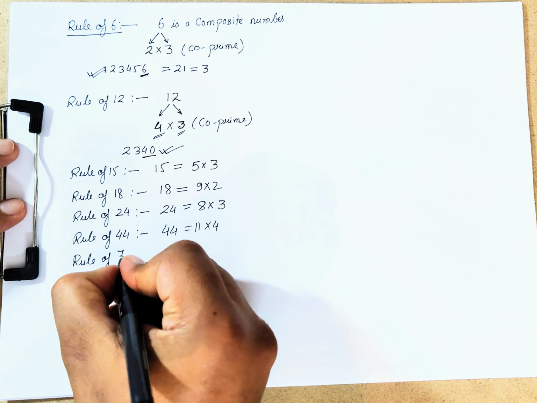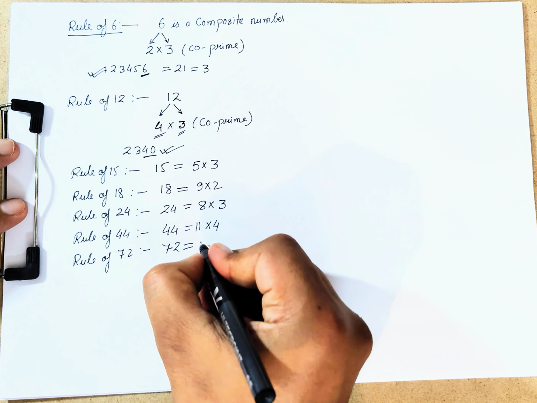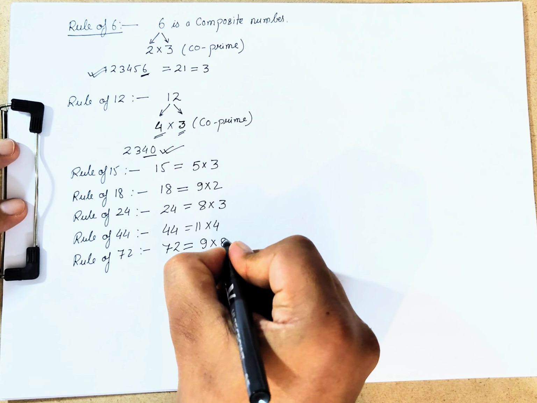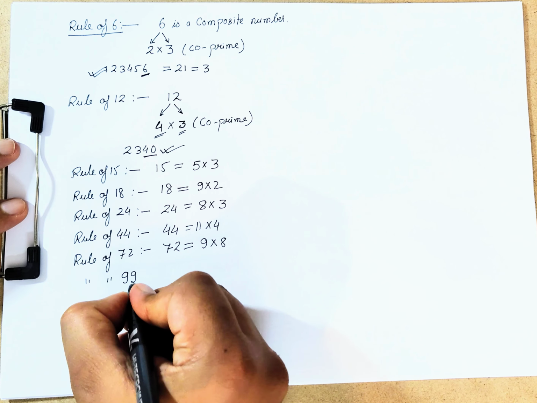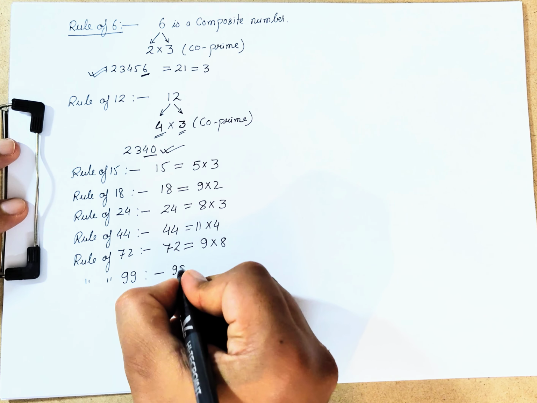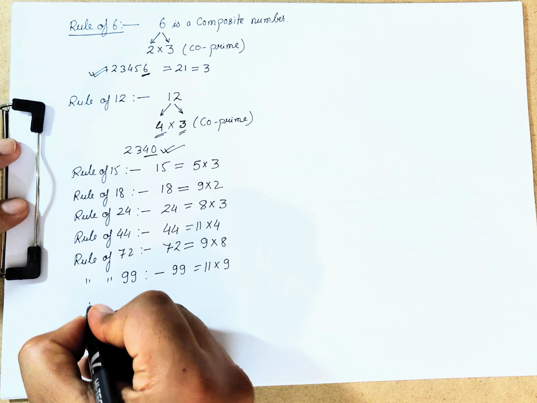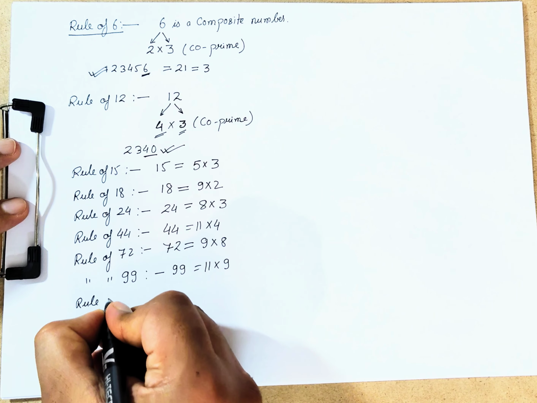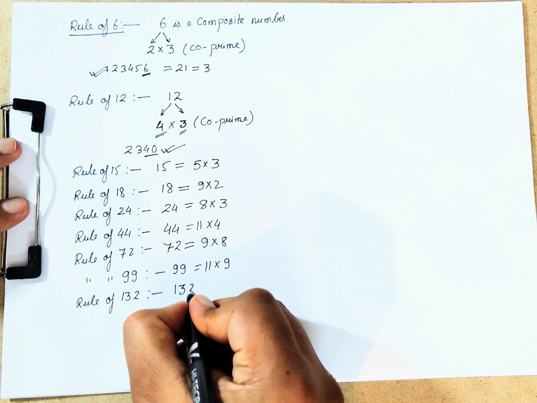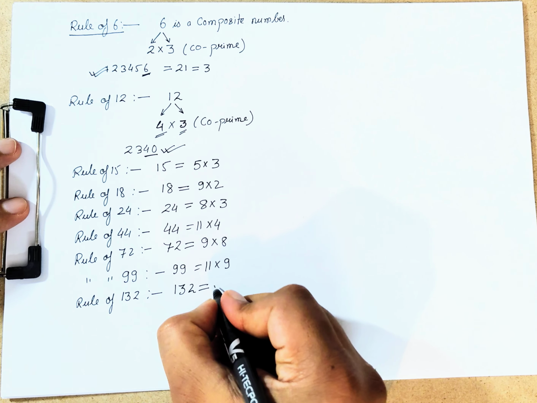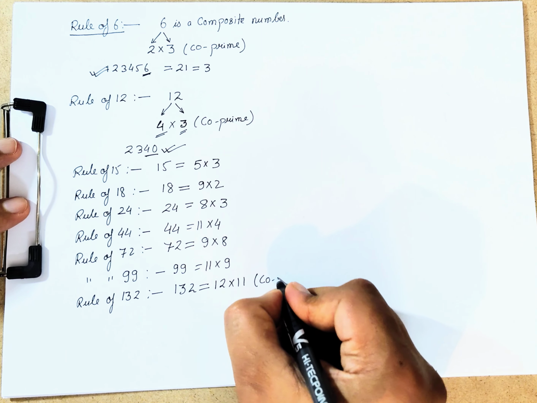Rule of 72. 72 can be written as 9 into 8, and 9 and 8 are co-prime. Similarly, rule of 99. 99 can be written as 11 into 9, and both are co-prime. Similarly, rule of 132. 132 can be written as 12 into 11, and 12 and 11 both are co-prime.